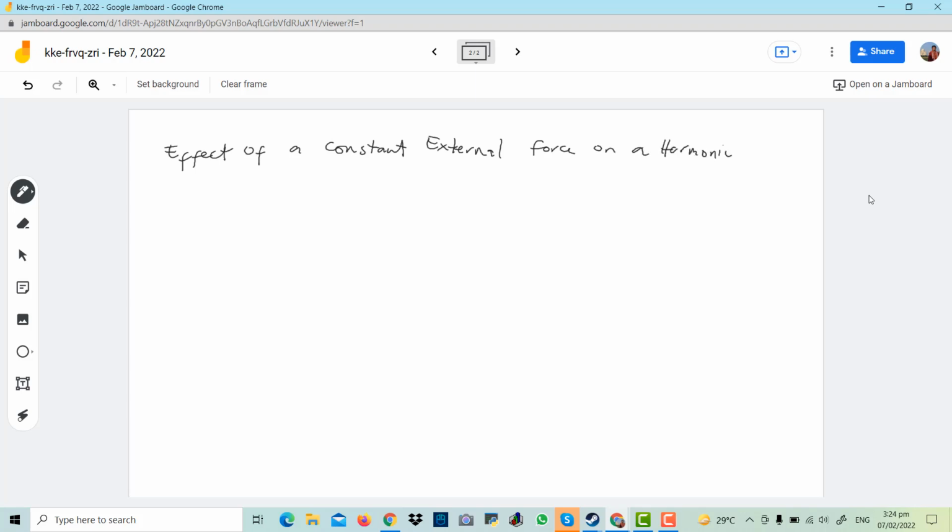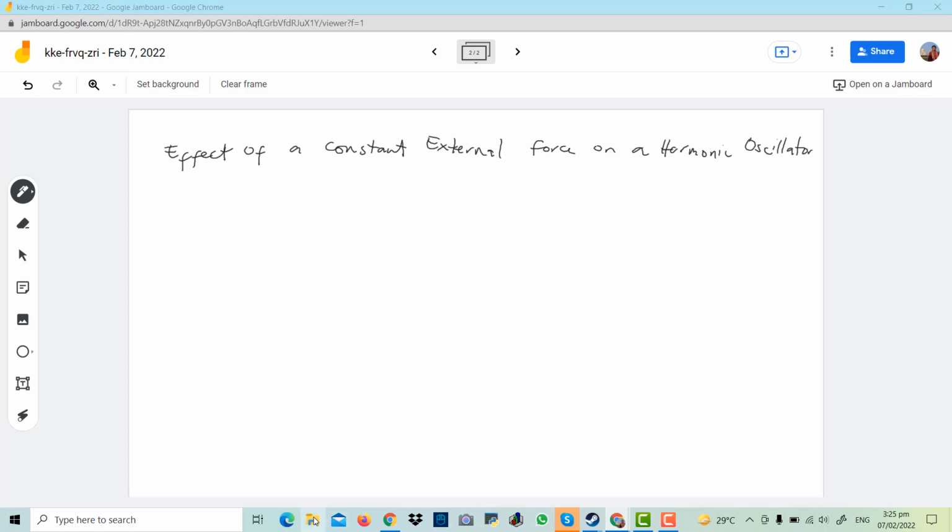Okay, so the question is, is the equation of motion the same? What is the difference, or what is added, if your oscillator is placed like this, the figure looks like this.